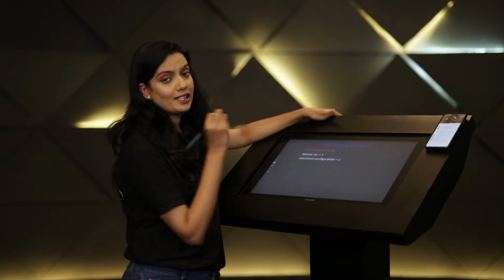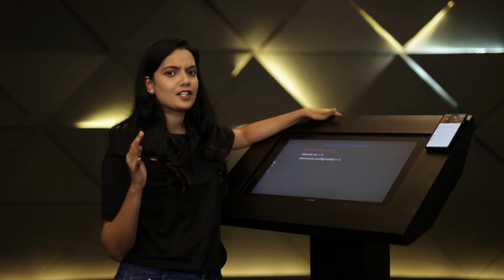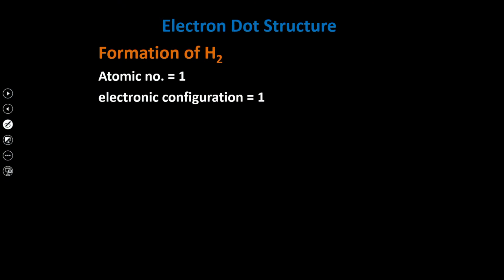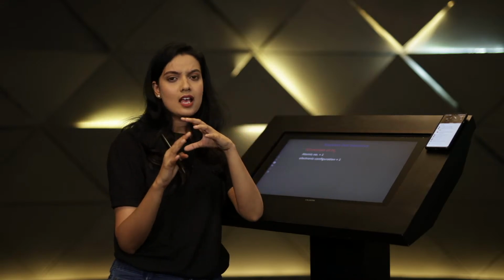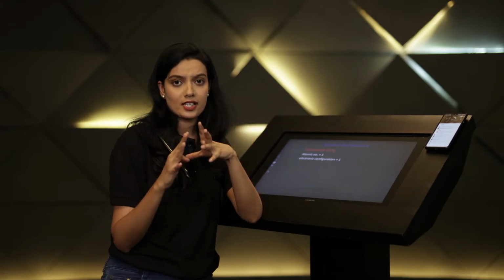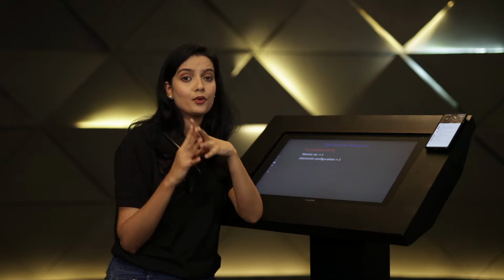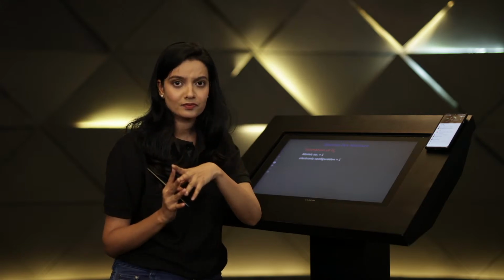First of all, let's take the simplest example, the formation of hydrogen, H2. Hydrogen has atomic number 1 and electronic configuration 1. That means it has 1 electron in its first shell. Can you tell me how many electrons are present in the first shell of any atom?